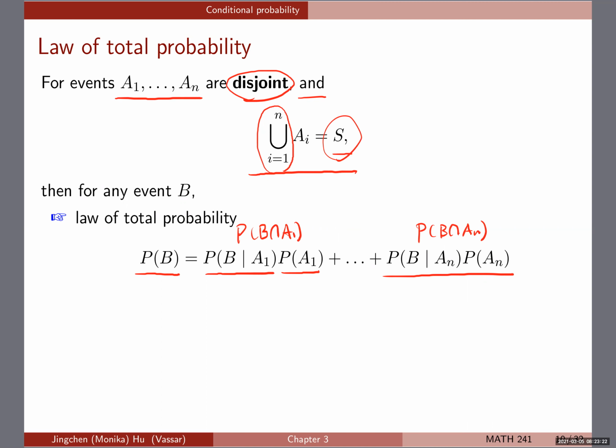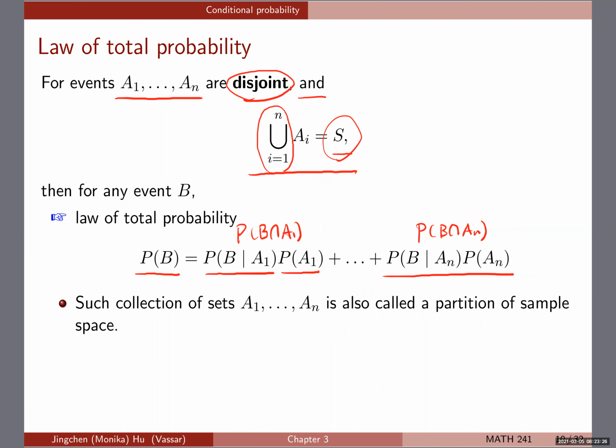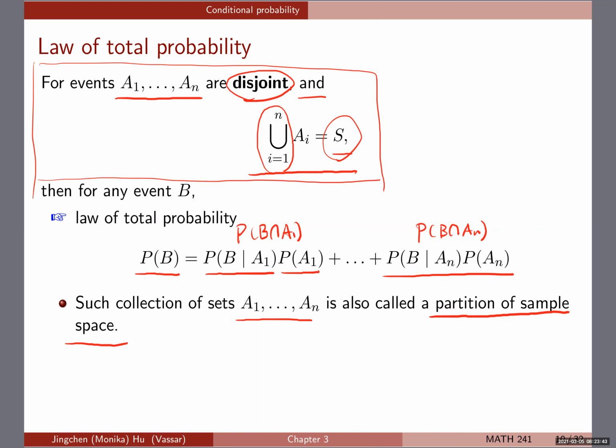Once we have this set up, we're going to call this set A1 through AN a partition of the sample space. And what this means is that A1 through AN are disjoint, but at the same time, they exhaust the entire sample space S.